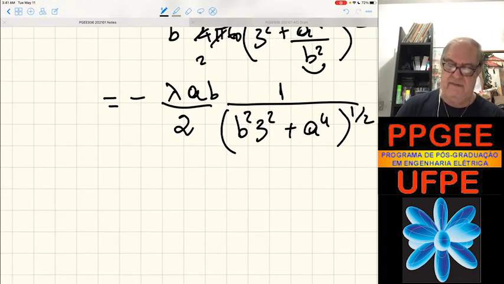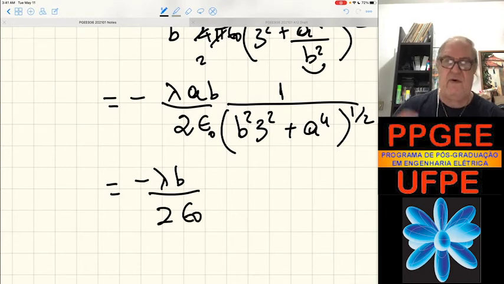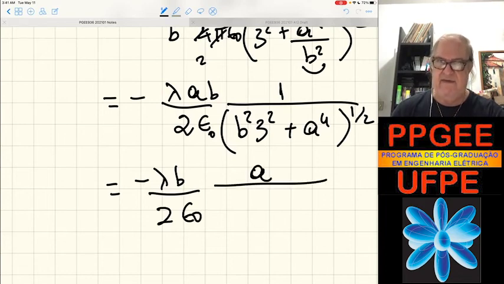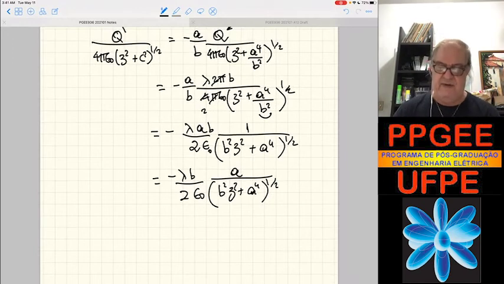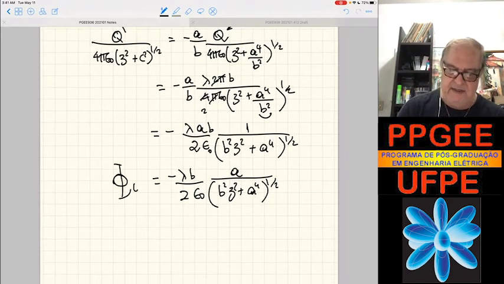That's the second term. It equals minus lambda b, I missed an epsilon 0 here, divided by 2 epsilon 0, or epsilon depending on the medium, times a divided by the square root of b squared z squared plus a to the fourth. So that's the second potential, the potential of the image charge.